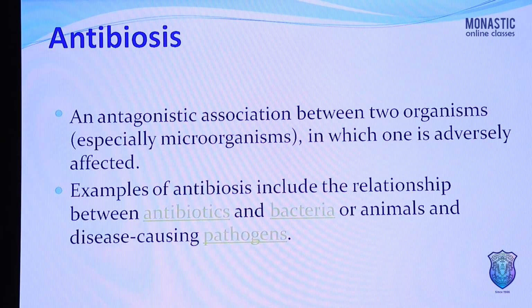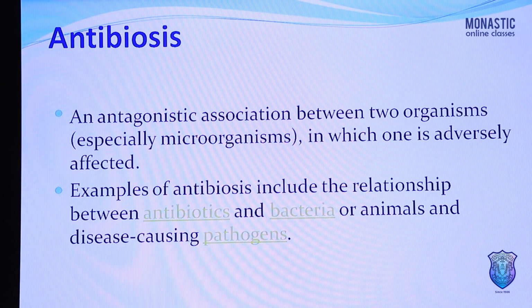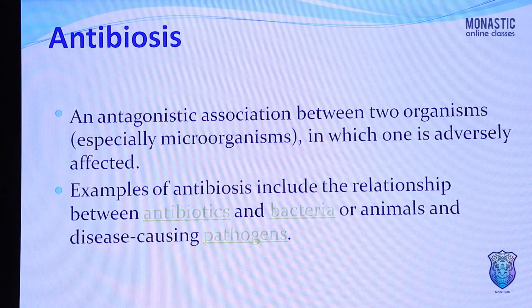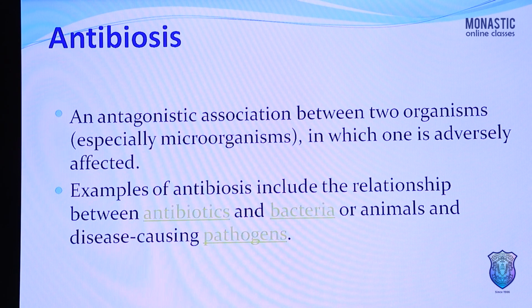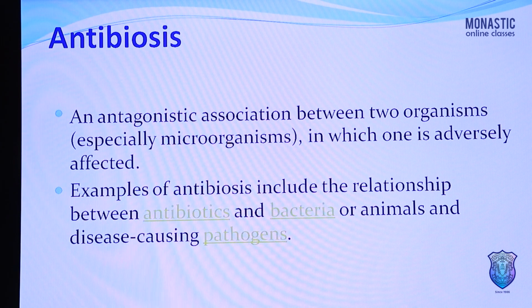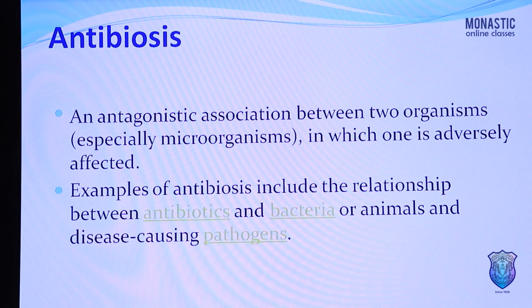By producing antibiotics, they affect or kill the other organisms. It is an antagonistic association between two organisms in which one is adversely affected, while the other is also not benefited.